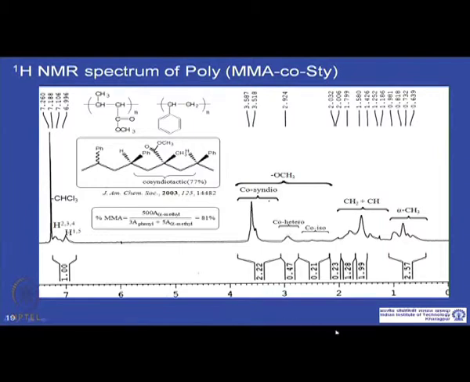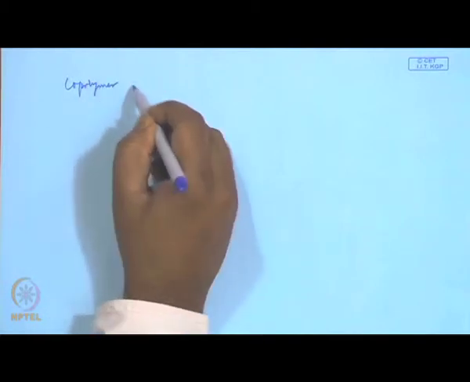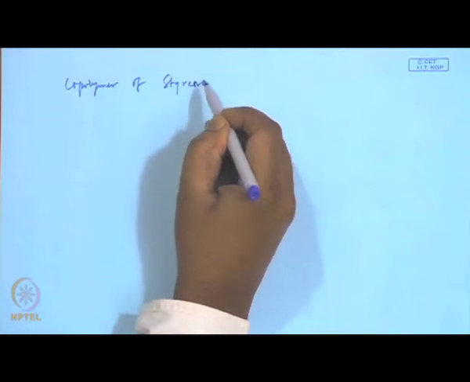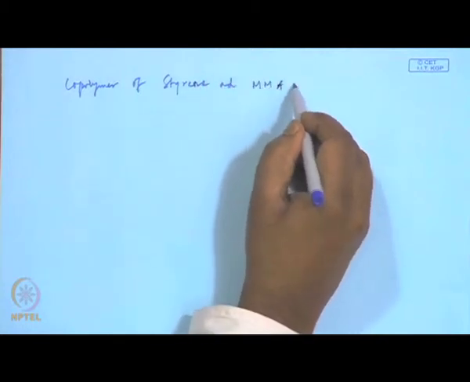Now, this is the spectrum for a copolymer of MMA and styrene. So, this is a copolymer of styrene and MMA, methyl methacrylate.